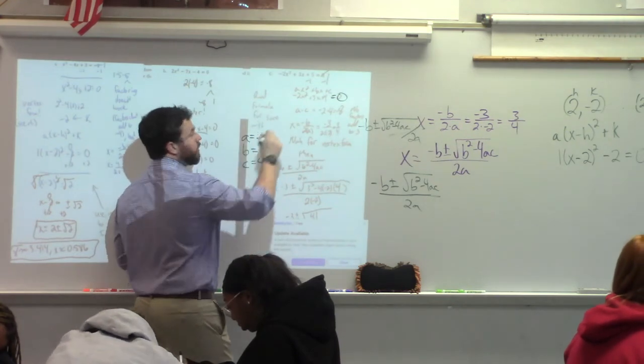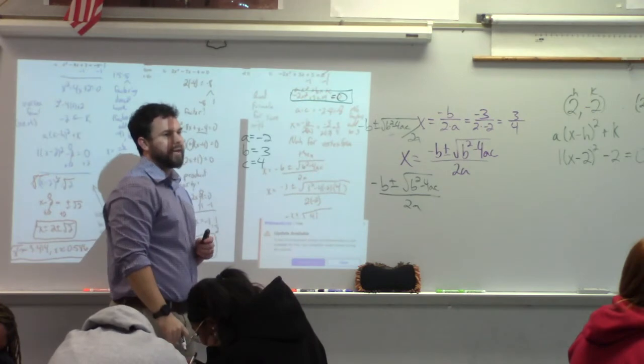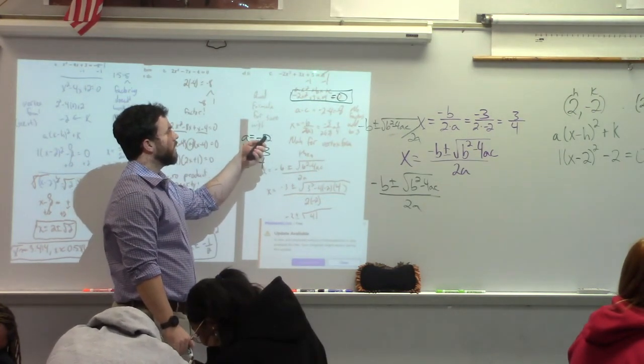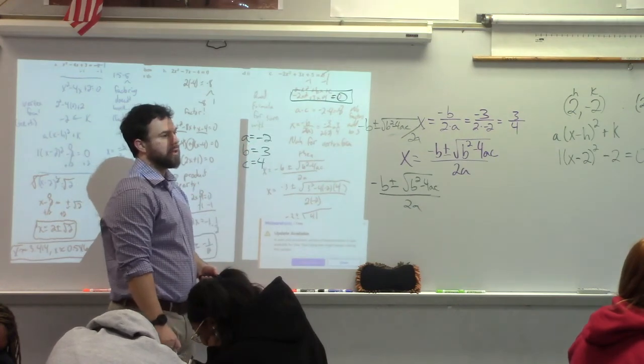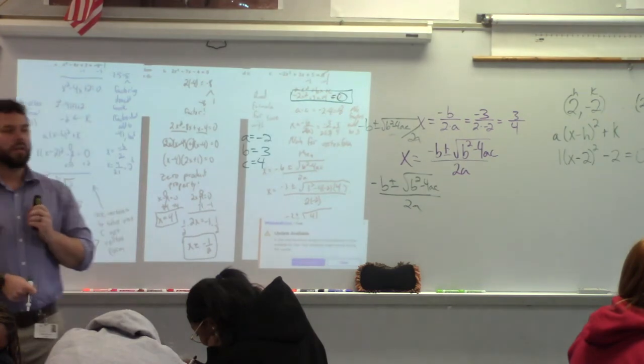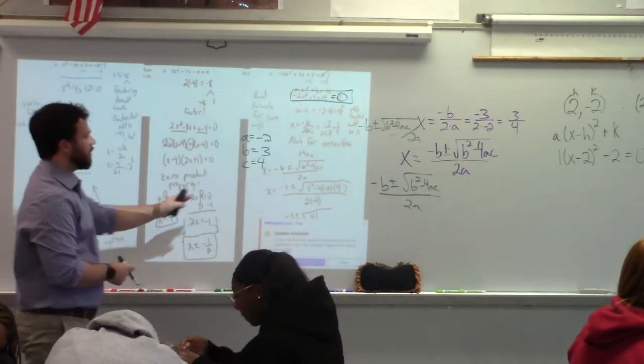Ooh, so you need to be careful. You can only use the quadratic formula when the standard form equals 0. You can't use this 5 because it's not equal to 0. So that is something to be aware of. To use that quadratic formula, the standard form has to equal 0. So C was equal to 4.